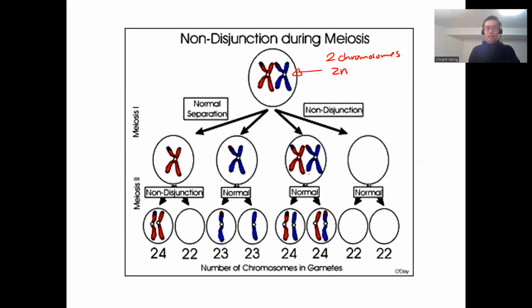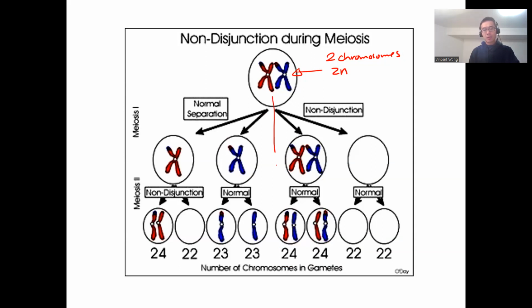If this cell goes on to do meiosis 2 and nothing is wrong in the second division, they will separate, and you will end up with 2 cells, each with an extra chromosome. If the other cell goes on and does meiosis 2, you will end up with 2 cells that have 1 less chromosome.